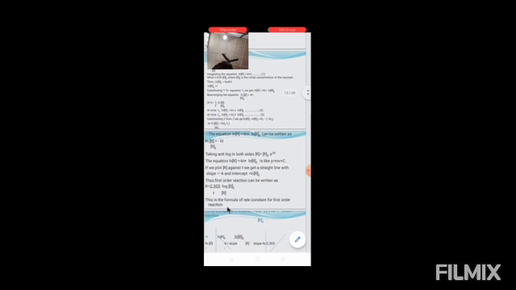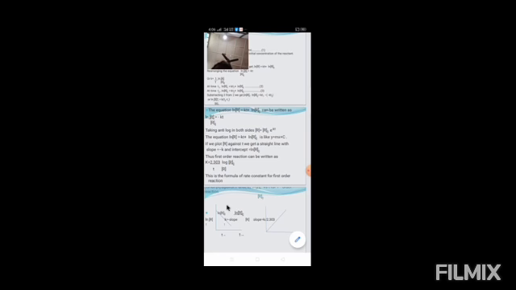Thus the first order rate constant can be written as K equals 2.303 divided by t, log of R naught by R. This 2.303 is used to convert ln to log. This is the formula of the rate constant for first order reactions.